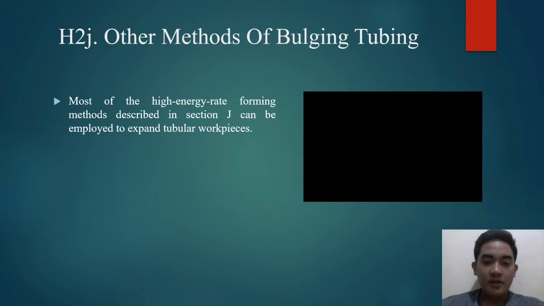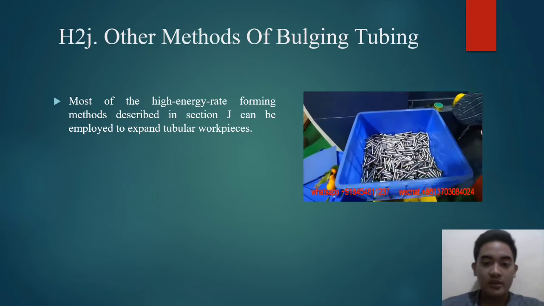Other methods, bulging tubing. Most of the high energy rate forming methods described in section G can be employed to expand tubular workpieces. The example.